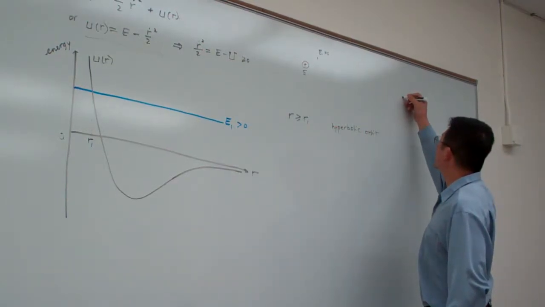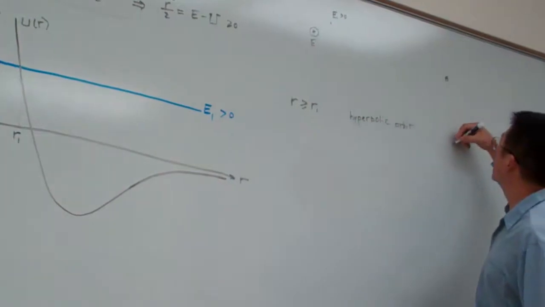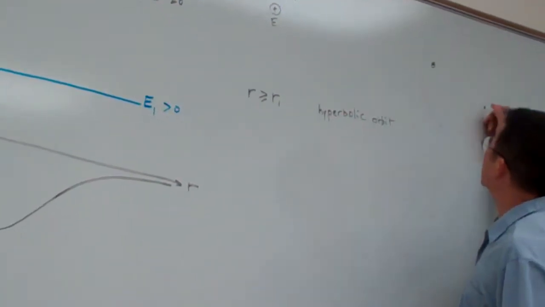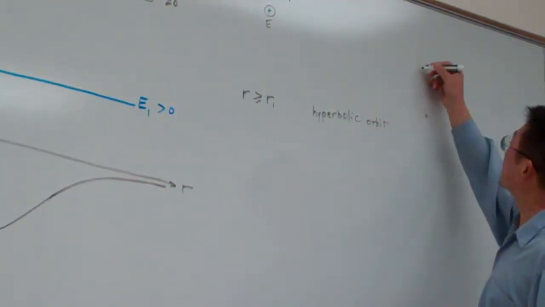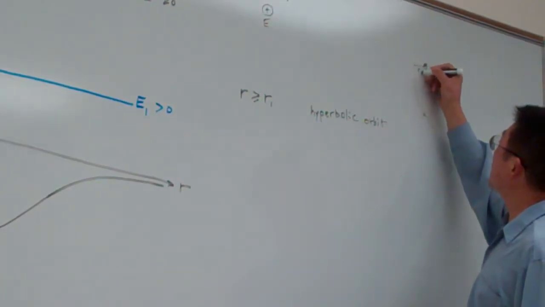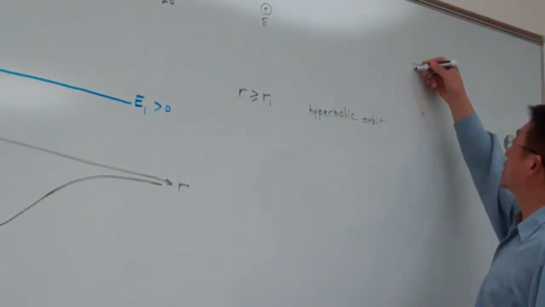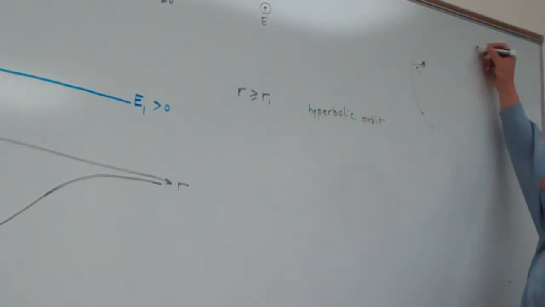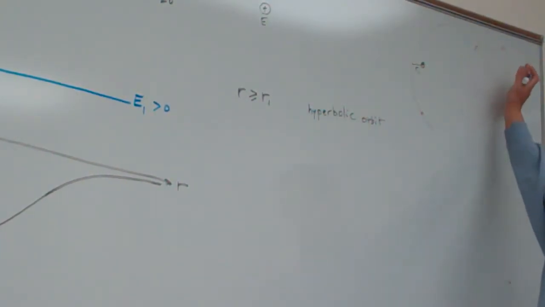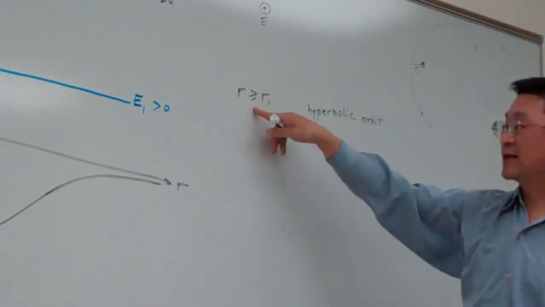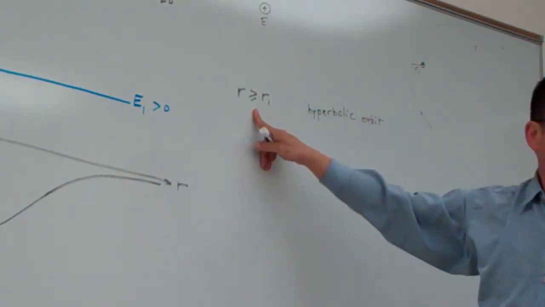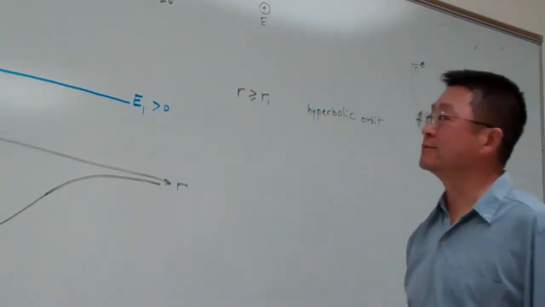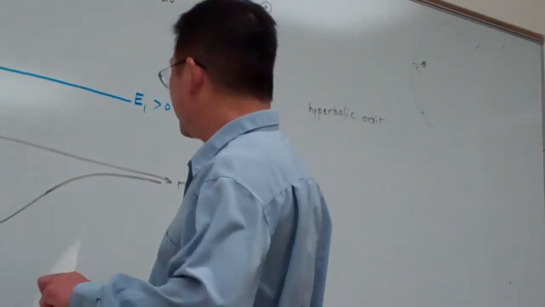Say this is the major focus, so that is something like this. Once it passes, the minimum distance is R1, and you won't get closer, and then it will go to infinity. For example, here this is the distance R. R can be any larger number as long as it satisfies this equation. Are we okay?